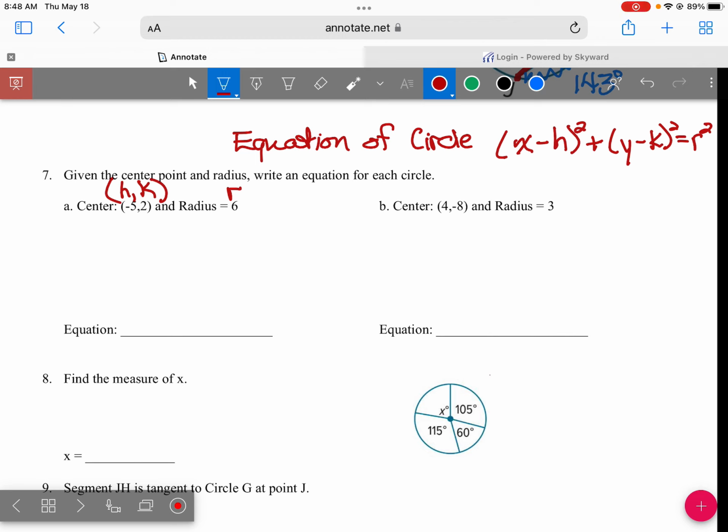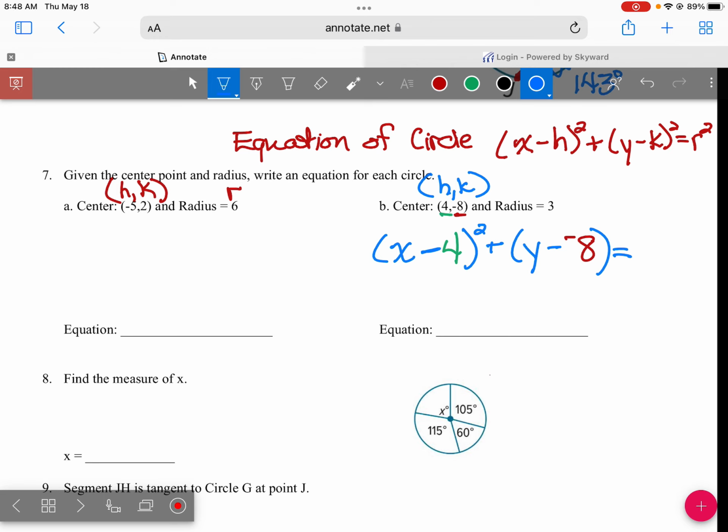All right, so if we're going through, we would have x minus h. This is (h, k). That's the center. So x minus 4, quantity squared, plus y minus k, and my k value is -8, equals r squared. What's r stand for again? Radius.